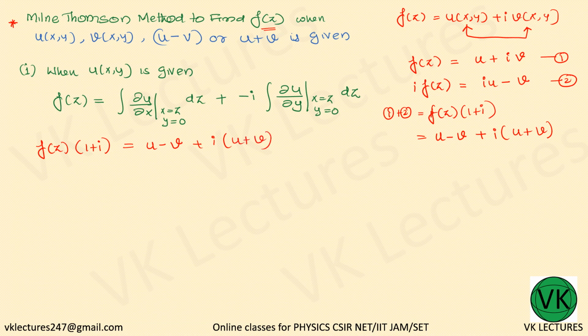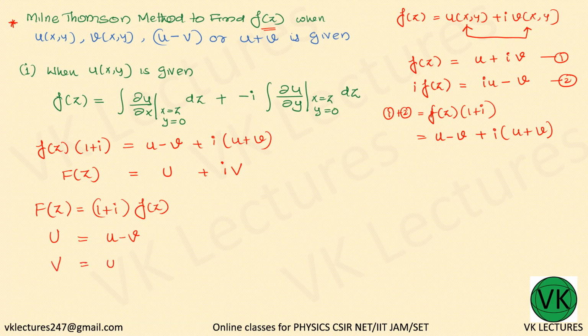Now let this entire quantity be equal to small f of z into 1 plus i, where capital U equals u minus v, and capital V equals u plus v. Now this is similar to our function f of z equal to u plus iv.